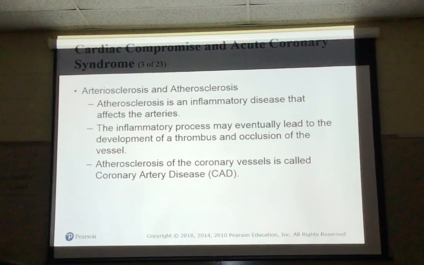When the heart cells become ischemic, they let you know by producing a pain in the chest. There are some other things, but this discomfort is called angina pectoris. So the layman's term is chest pain: my chest hurts. We know it as angina pectoris.